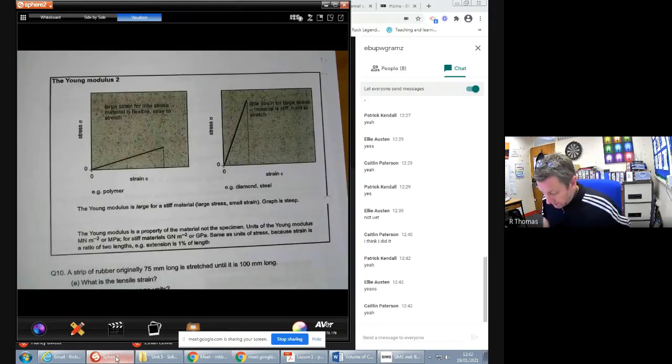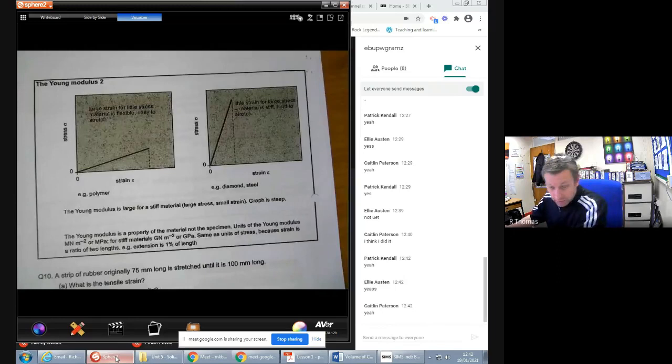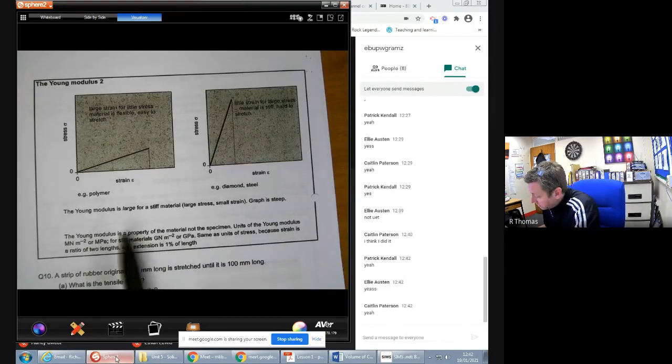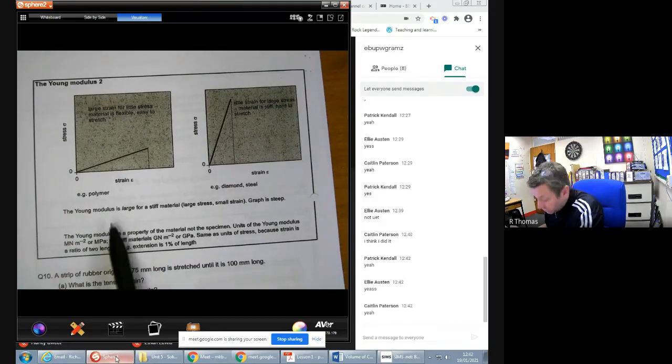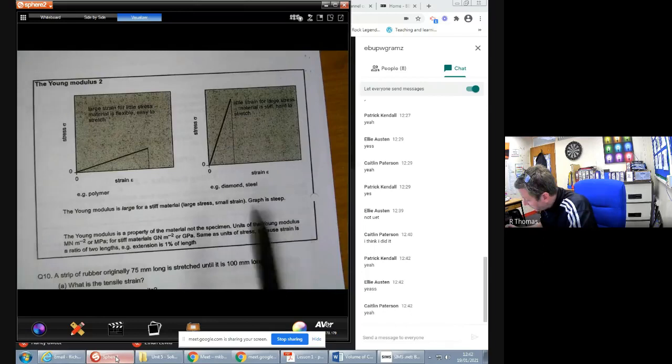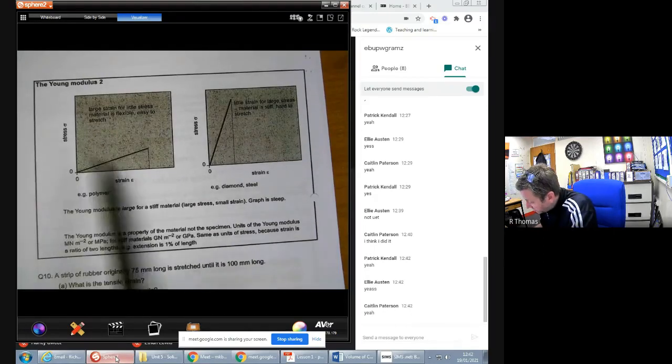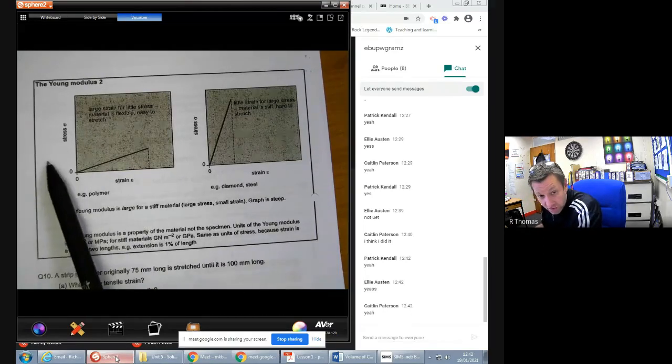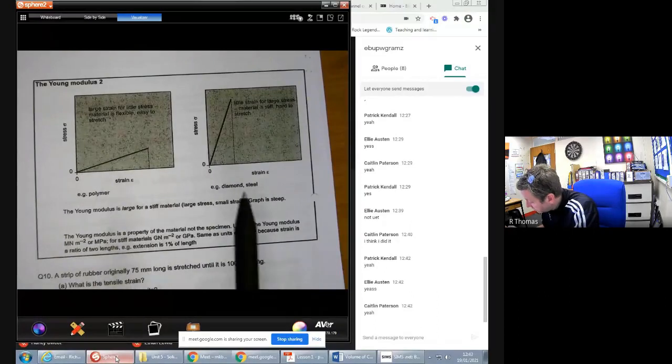So very quickly, I just want to give you a little chat about the graphs of different materials that will have different values for the Young's modulus, right? So the value of Young's modulus is large for a stiff material, right? And the graph will be steep. The stress strain graph, stress on the vertical, strain on the horizontal.